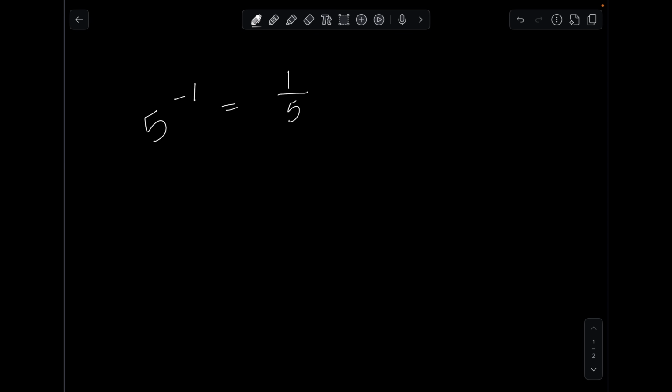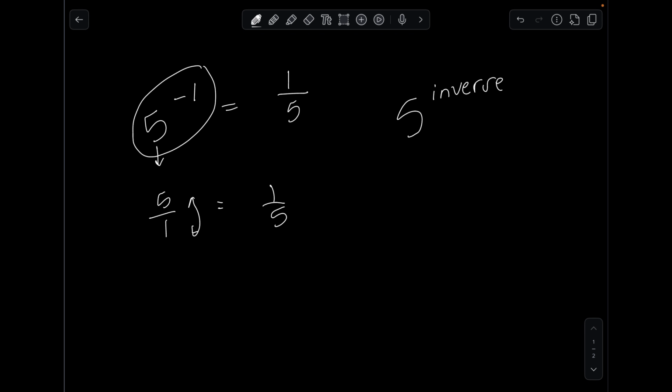You can also say 5 is the same thing as 5 over 1, right? Just flip it. 1 over 5. What is the inverse of 5? Well, the inverse of 5 is 1/5. It's the opposite. It's the flip.